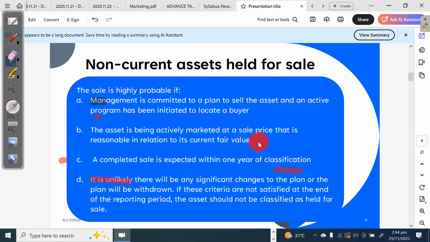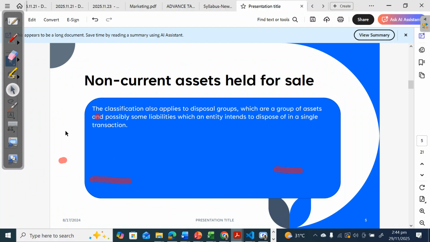And if they don't intend to sell the asset within a year, it means they are not ready to sell the asset. So all of them must be met before they can classify the asset as held for sale.